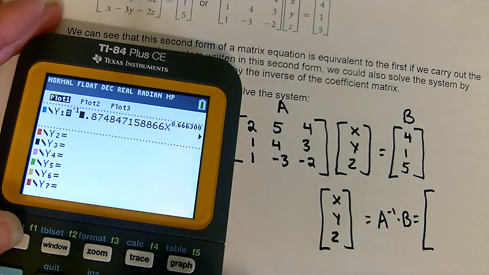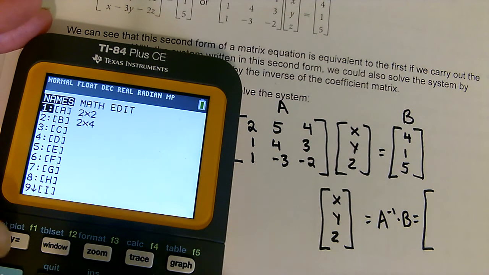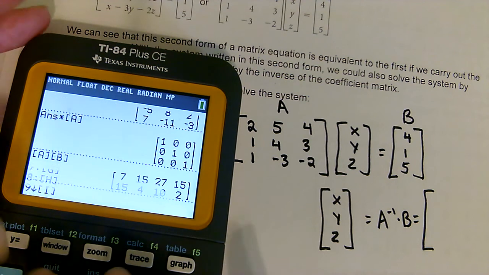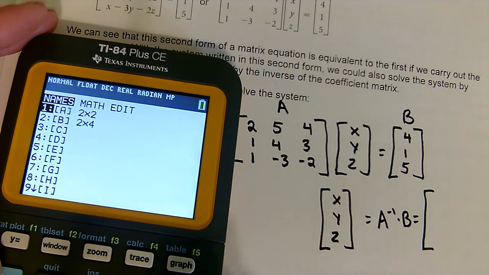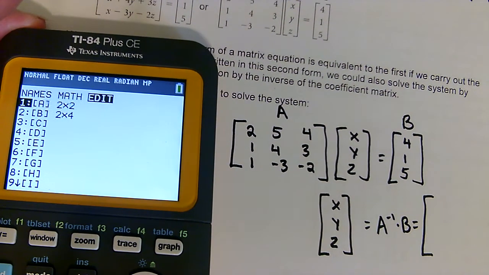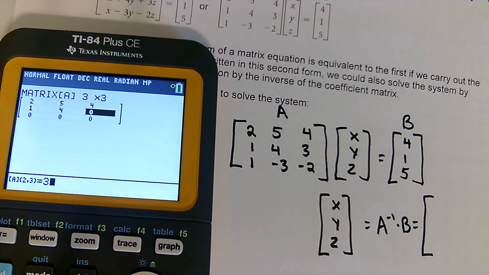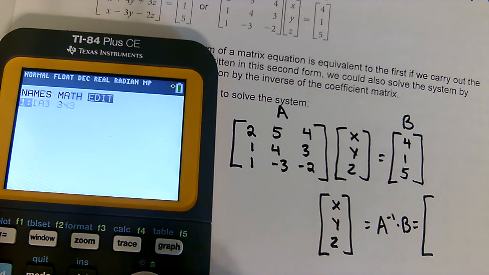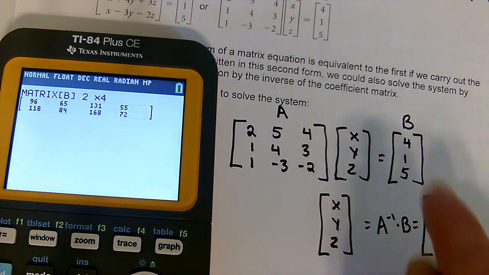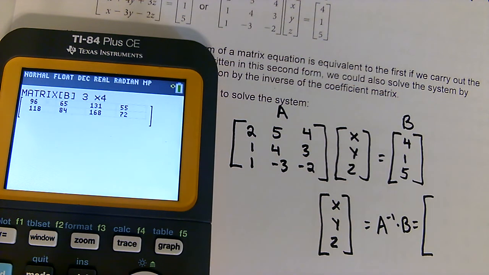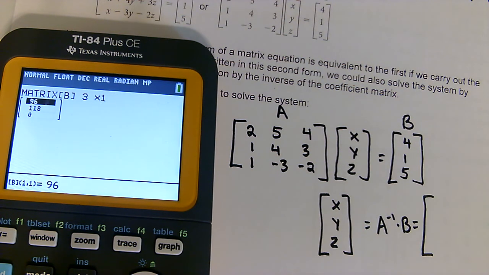Watch this. Whoops, I hit the wrong button. Let me quit. Okay, matrix A. So my A is a 3 by 3. Go into matrix B, which is a 3 by 1.